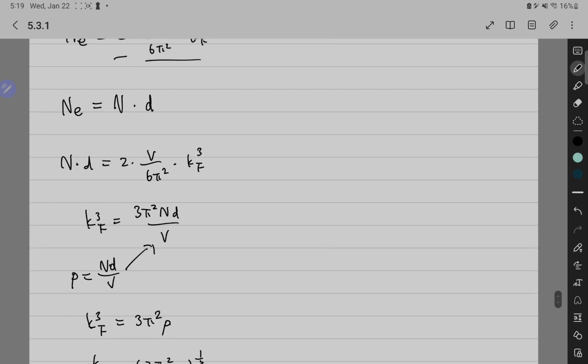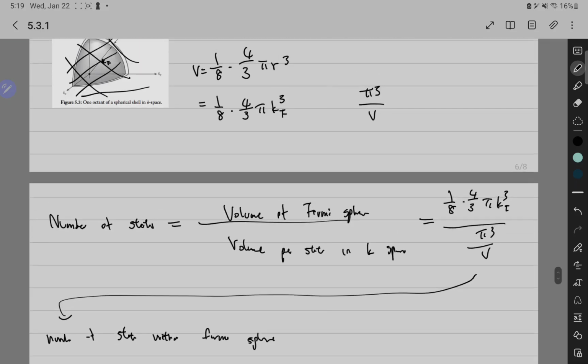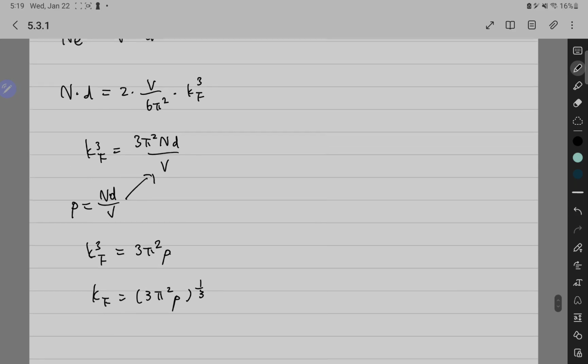This is the formula for the radius of our Fermi sphere, and it depends on the electron density within the volume.